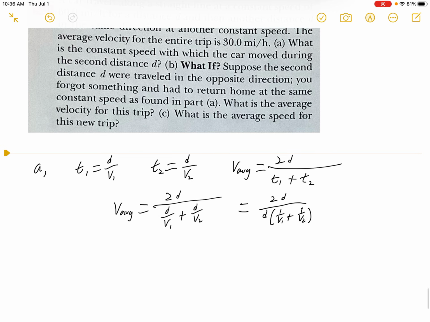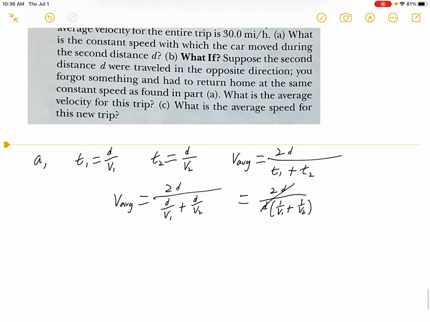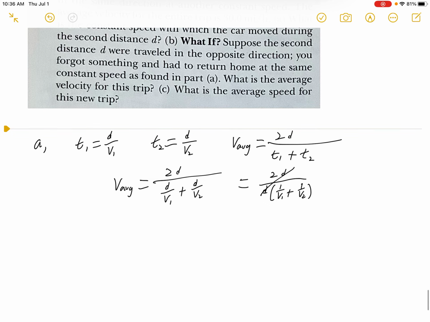And we can cancel the d out. We will have, eventually, v average equals 2v1 v2 over v1 plus v2.